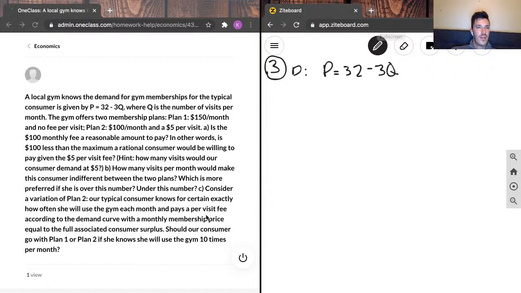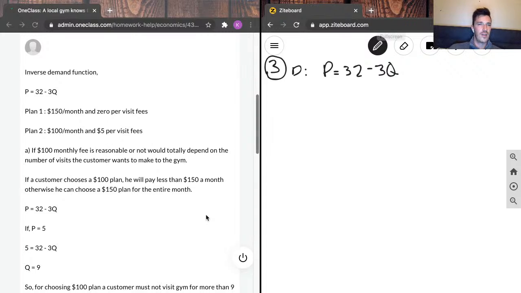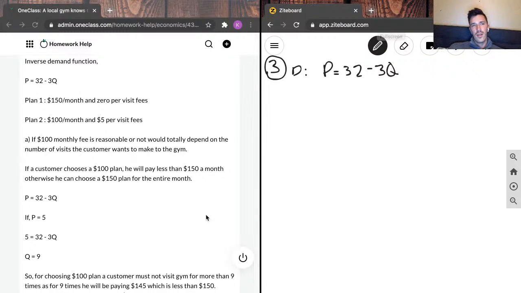I'm likely not going to do this entire question, but I will get started on it and see what our junior tutor said. So we've got an inverse demand function here where P is going to equal 32 minus 3Q. Plan 1 is going to equal $150 a month and $0 per visit fees. Plan 2 is going to equal $100 a month and $5 per visit fees.